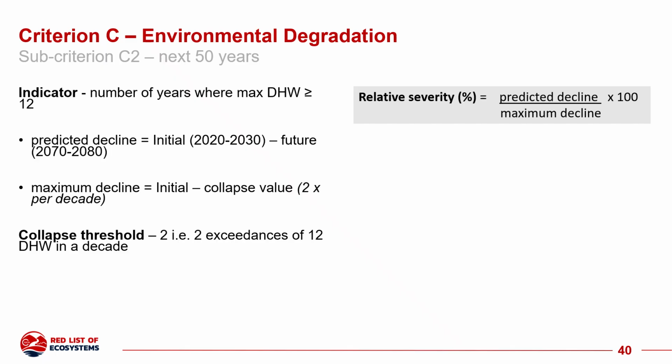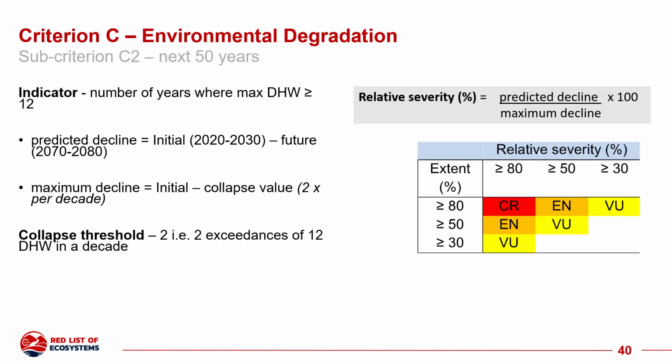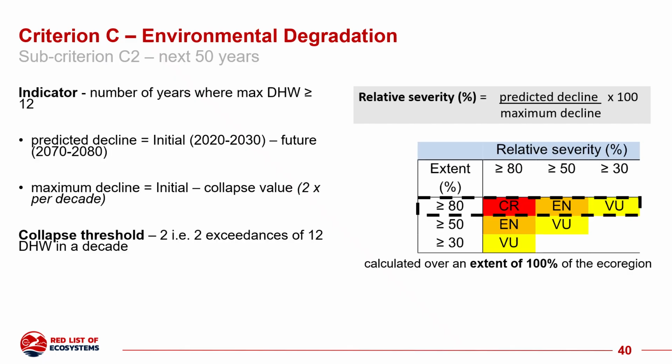This equates to 1 major bleaching event every 5 years, which if sustained would limit recovery and lead to continued degradation and collapse. By using DHW values averaged across the entire ecoregion, the analysis captures 100% of the coral reef extent within each ecoregion. As a result, the calculated relative severity of decline can be interpreted using the top row of the severity extent matrix to determine the final risk status under Criterion C2.